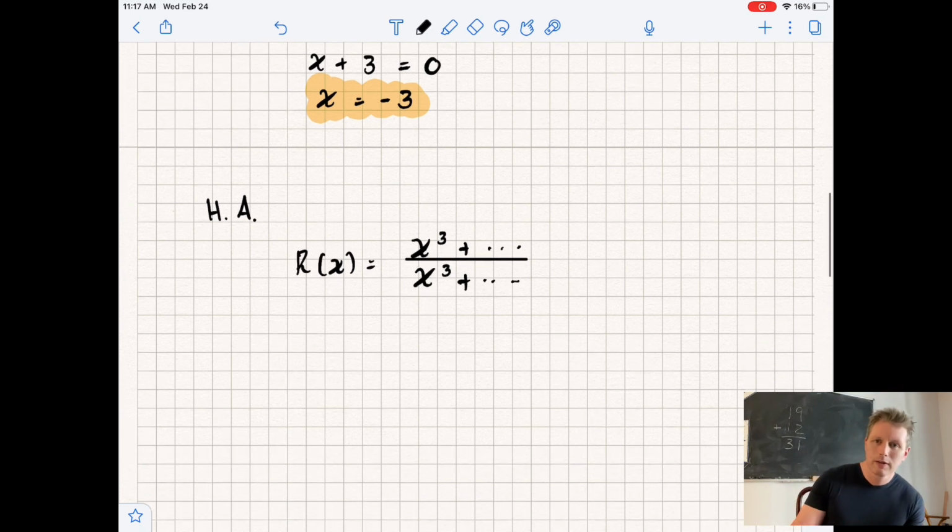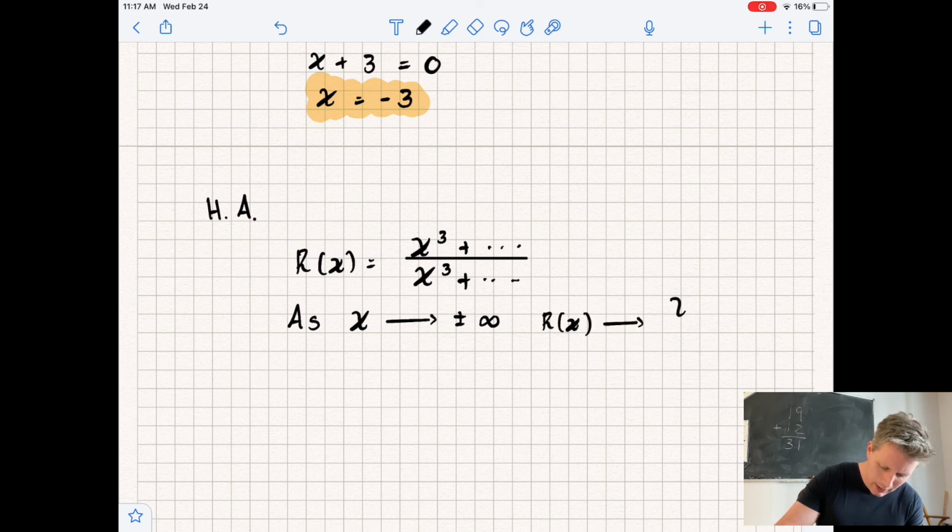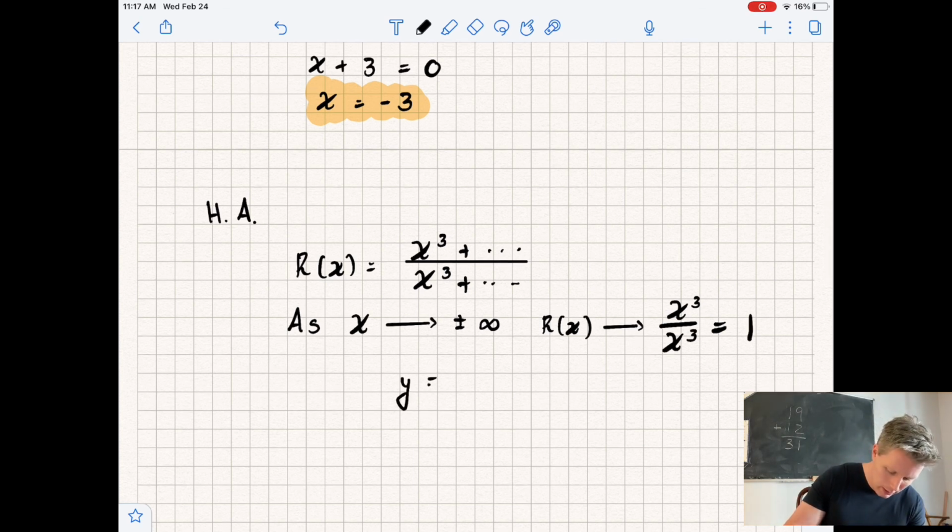And so as x goes to positive and negative infinity, as x gets large in both directions, r of x is going to go to simply x cubed over x cubed, which is 1. And so I will have a horizontal asymptote at y equals 1. So I know my horizontal asymptote, I know my vertical asymptote, I know my x-intercepts, and I know my y-intercept.